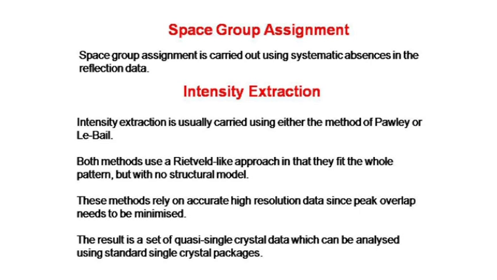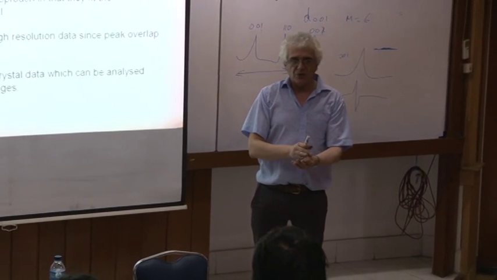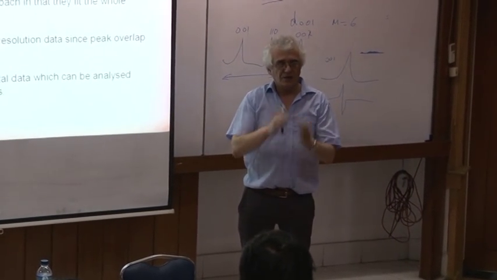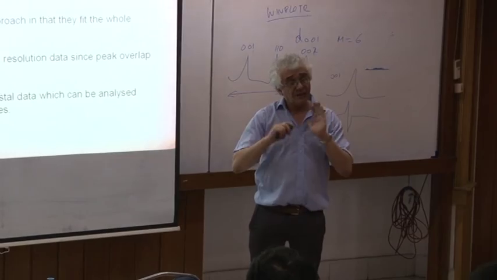Both methods use a Rietveld-like approach. What they do is they fit the whole pattern, but they don't have a crystallographic model. All you've put in is your space group and your unit cell, and some peak shape parameters. That's all.